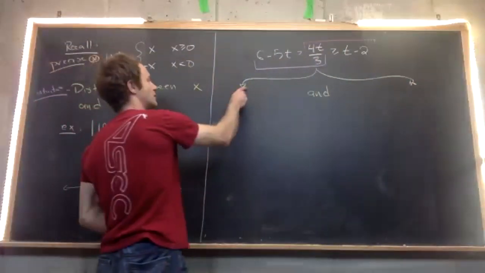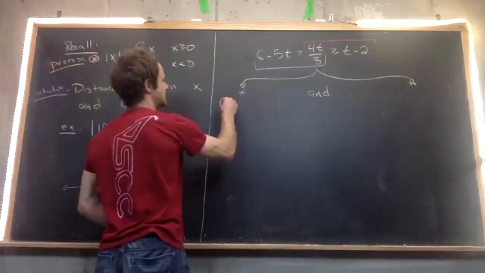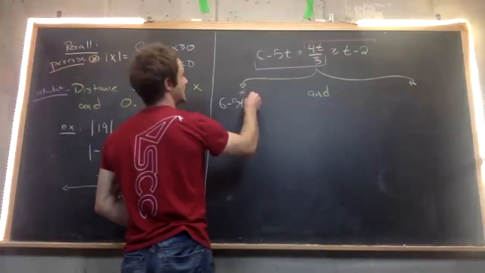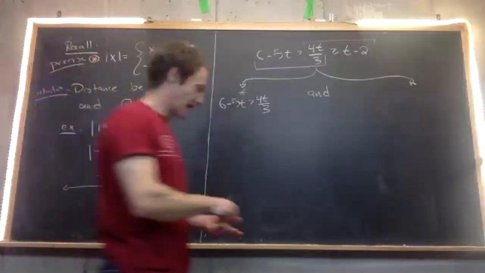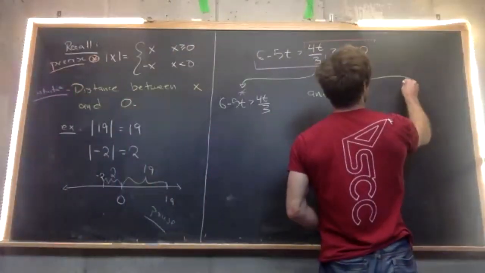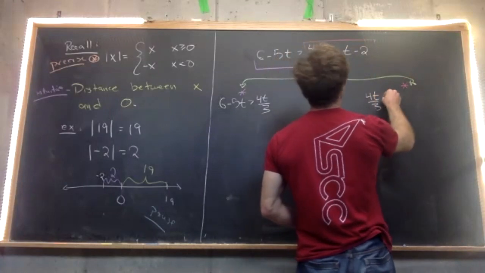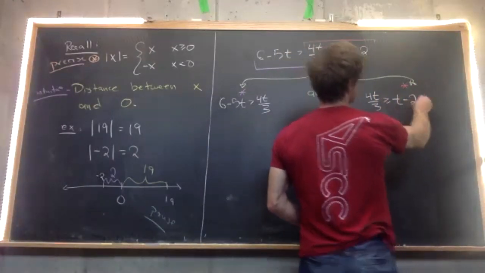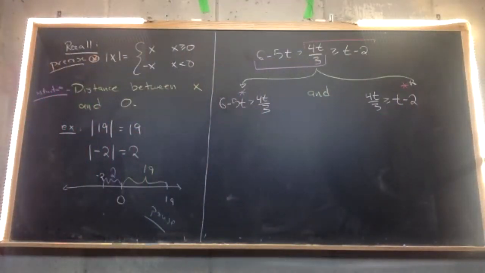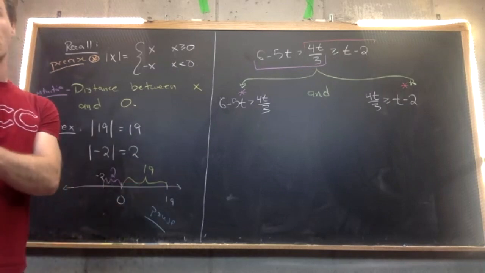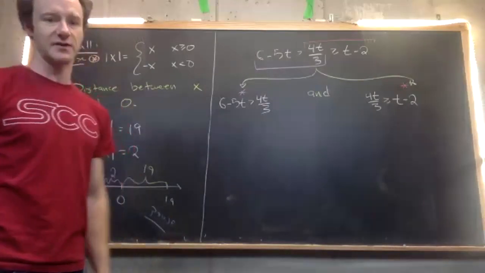The purple inequality will be given by 6 minus 5t is bigger than 4t over 3. And then the red inequality will be given by 4t over 3 is bigger than or equal to t minus 2. And now we play around with those somewhat separately, and then put it all back together at the end.